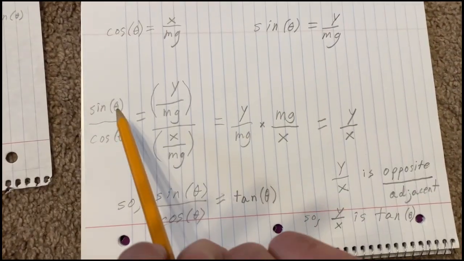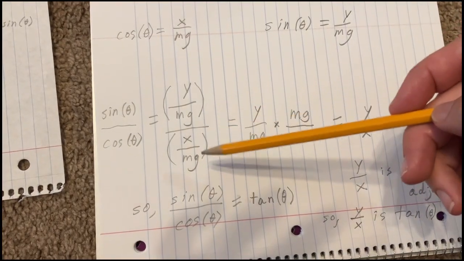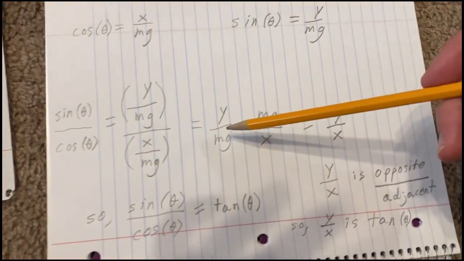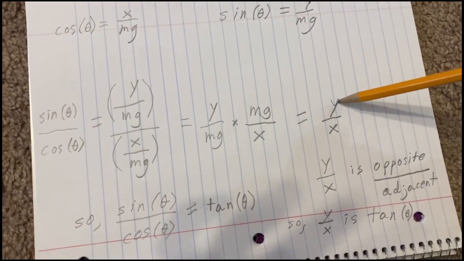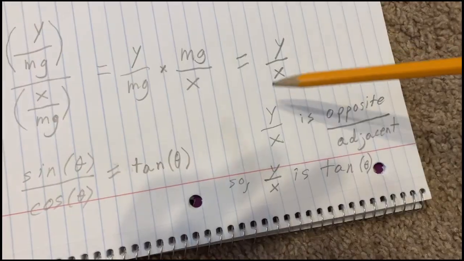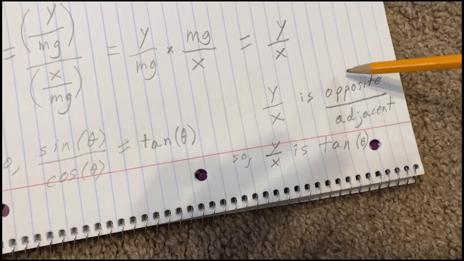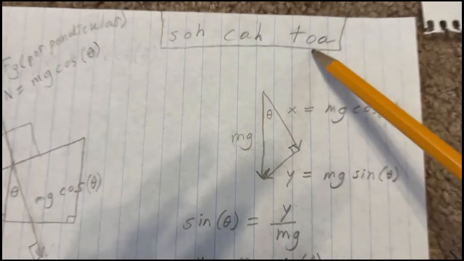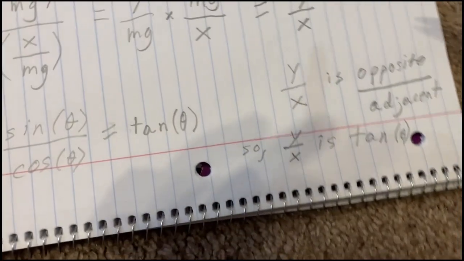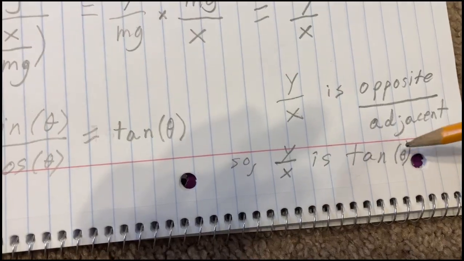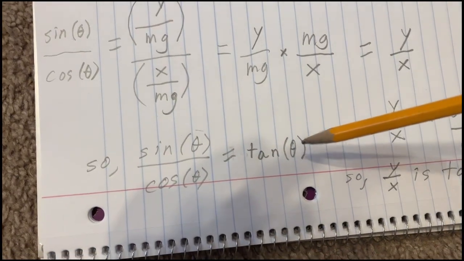So then looking at this, sine of theta divided by cosine of theta is y divided by mg divided by x divided by mg, which equals y divided by mg times mg divided by x, which equals y divided by x. And y divided by x is the opposite side divided by the adjacent side. And the opposite divided by adjacent, because of TOA, is the tangent of theta. So y divided by x is the tangent of theta. So that means that sine of theta divided by cosine of theta is equal to the tangent of theta.